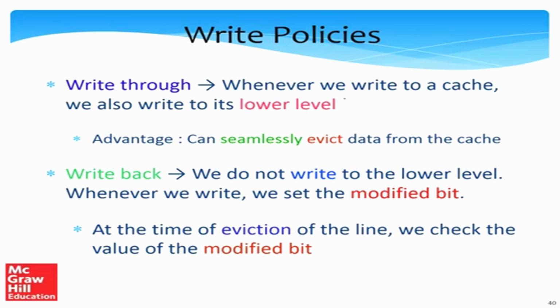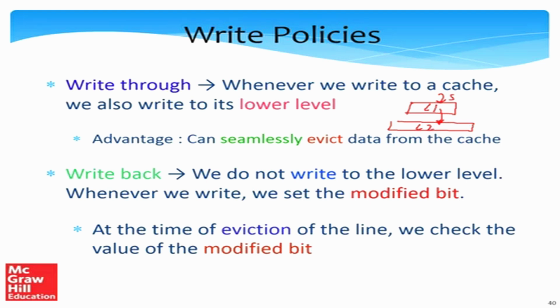Write through says that whenever we write to a cache, we also write to its lower level. And in the lower level, you'll have the block, guaranteed by the property of inclusion. So if I have a system like this with an L1 and an L2, and I do a store to any block in L1, it gets propagated to the copy of the block in L2. This has some advantages.